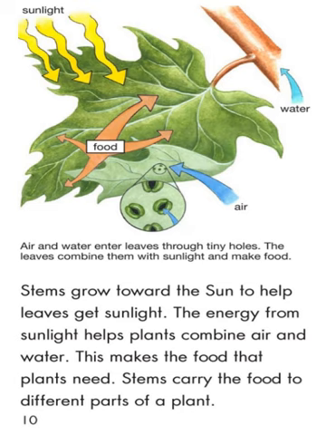Stems grow toward the sun to help leaves get sunlight. The energy from sunlight helps plants combine air and water. This makes the food that plants need. Stems carry the food to different parts of a plant.